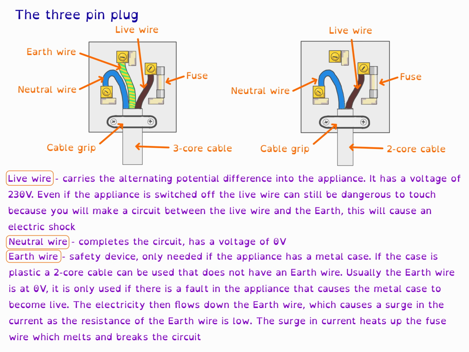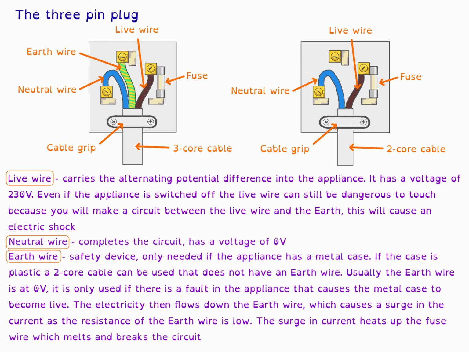The earth wire is a safety device. It's only needed if the appliance has a metal case, which is why you have the 2-core and the 3-core cables. If the case is plastic, a 2-core cable can be used, which doesn't have the earth wire. Usually the earth wire is at 0 volts. It's only used if there's a fault in the appliance that causes the metal case to become live.